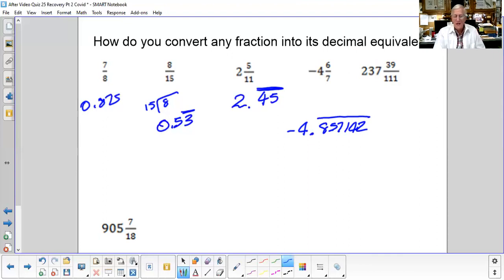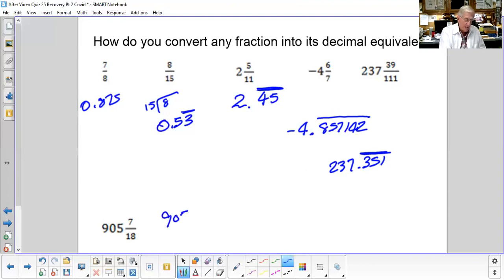All right, 39/111. All right, so you put down your 237, and you take 39 and divide it by 111. And when you do, you get 0.351351. So it's a repeater like so. And of course, 7/18, all right?